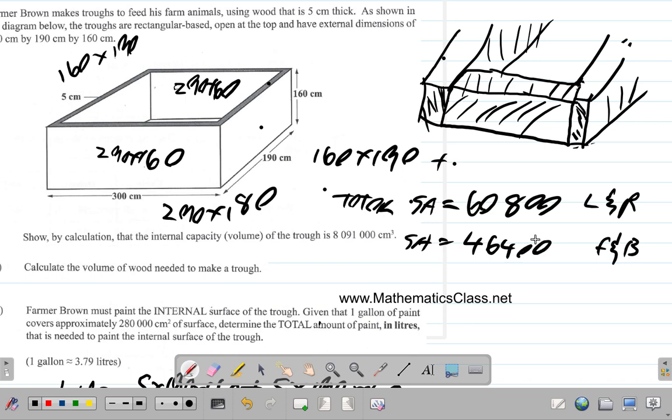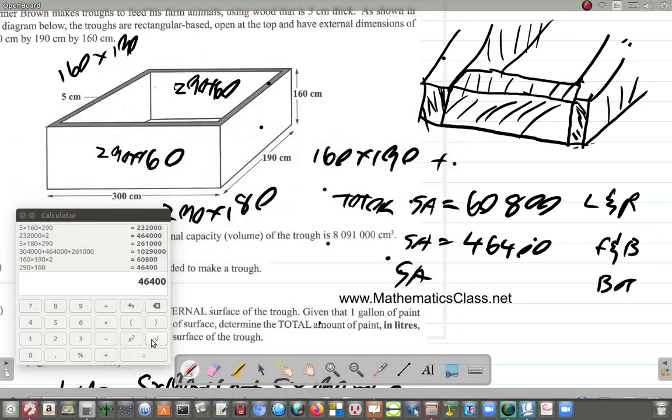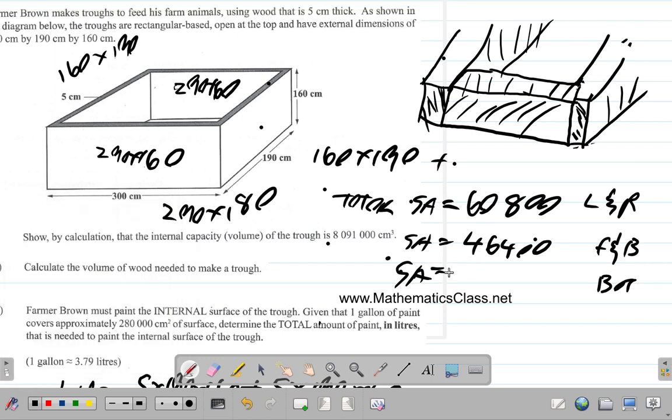46,400. All right. And then the surface area at the bottom would be 290 by 180. So how much is that? 290 times 180 equals 52,200. So the total surface area now.